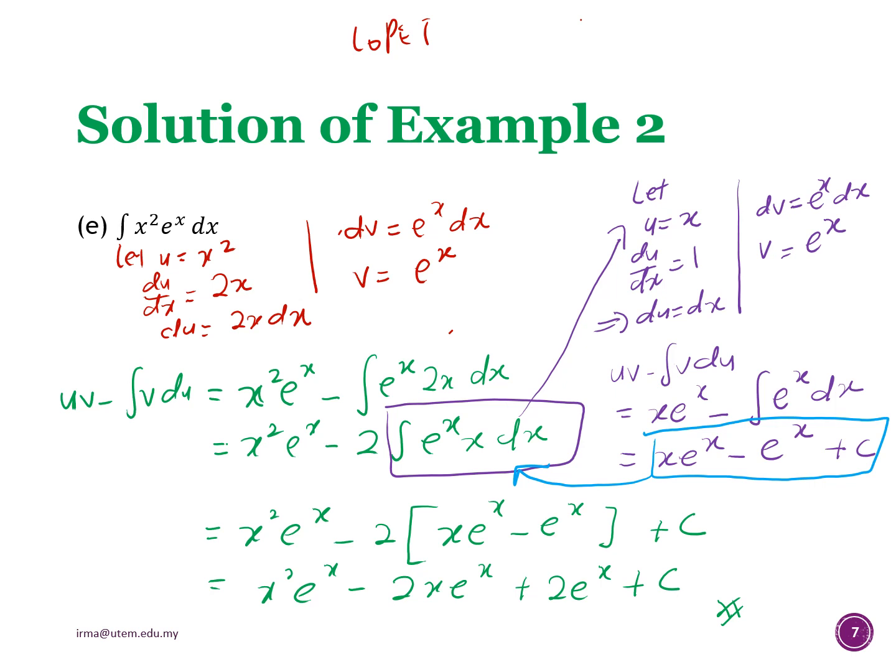So as a conclusion for this kind of question, x squared exponent x, since we have x squared here, you need to do 2 times the integration by parts. This is the first integration by parts, and this is the second integration by parts that you need to solve.